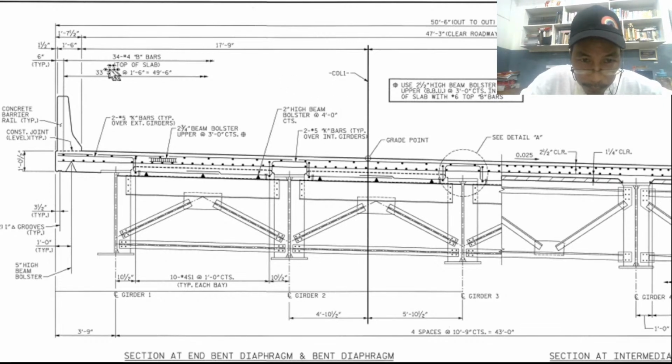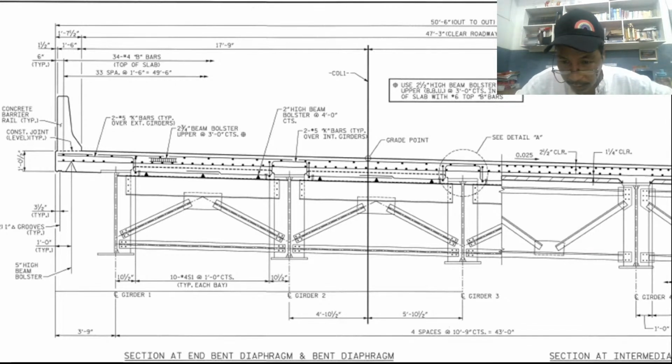Same on the other side. So we have what? 34. What is this? 34. Cannot draw. 34 something. What is this? Can you read this? 34 something.